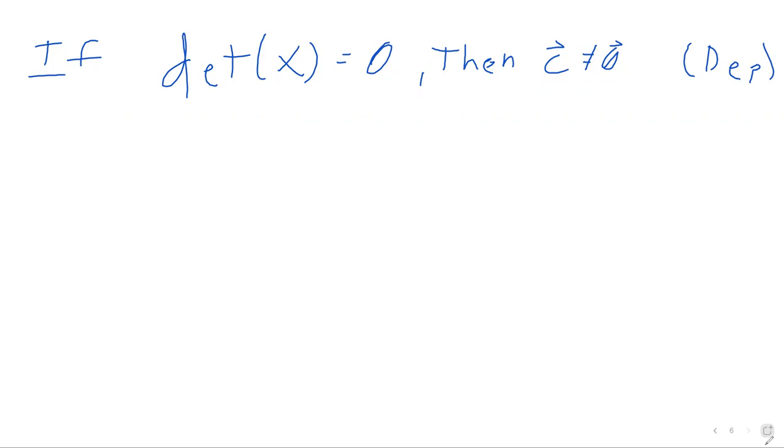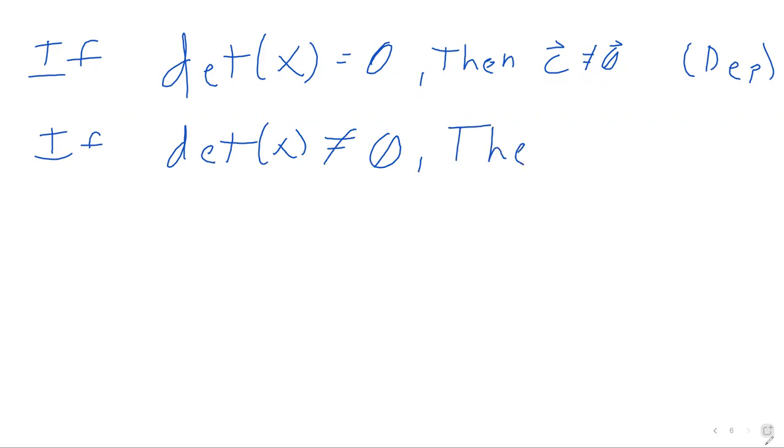So in this case, c could be something, but it might be something else. But still, it does not have that requirement. If our determinant of the x matrix is not 0, then we know our c has to equal 0. So therefore, we have linear independence.